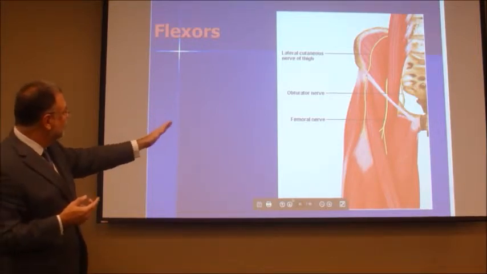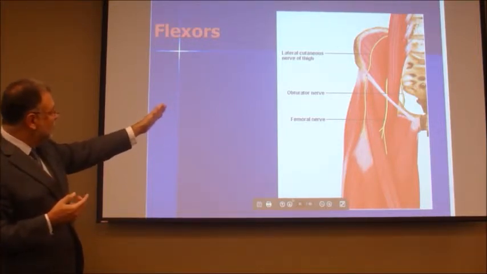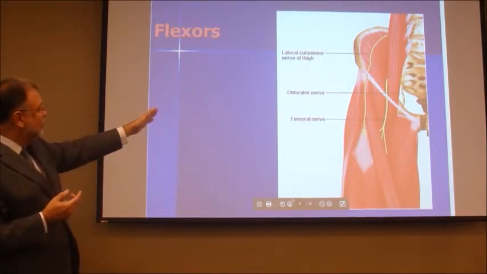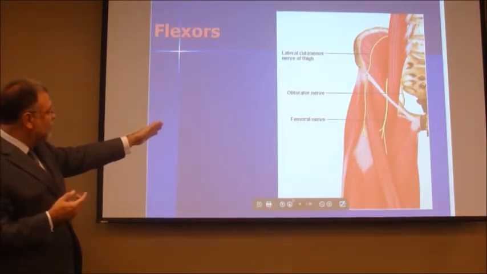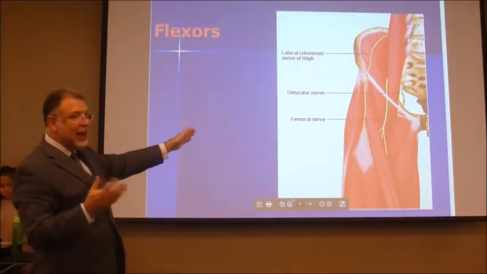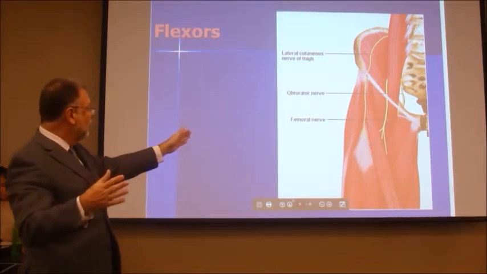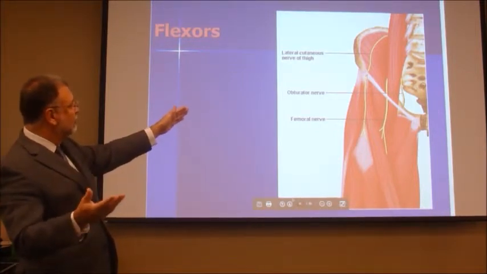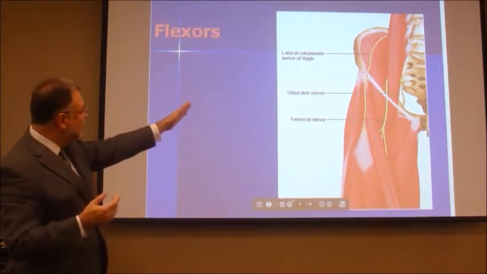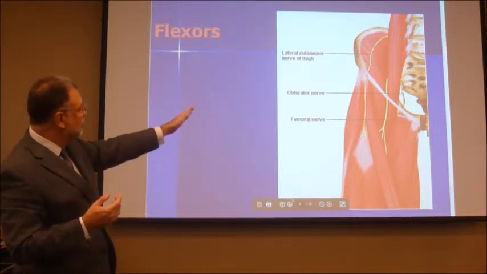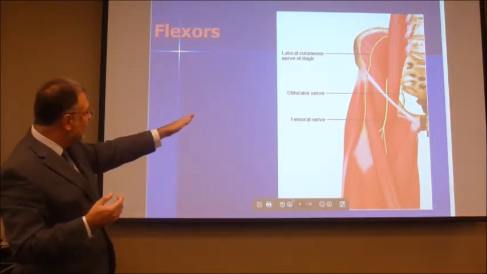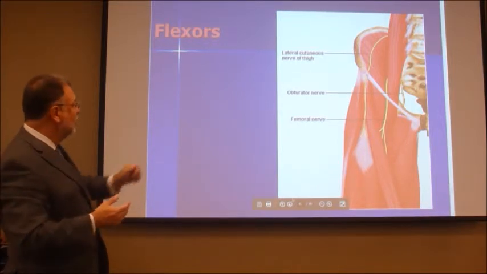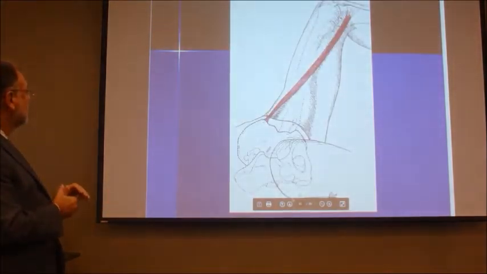The femoral nerve is going to be coming behind the inguinal ligament and getting into that femoral triangle along with the femoral artery and vein. The obturator nerve is a posterior division of the lumbar plexus and goes posterior to those structures, and then goes through the obturator canal, we'll see in a little while.